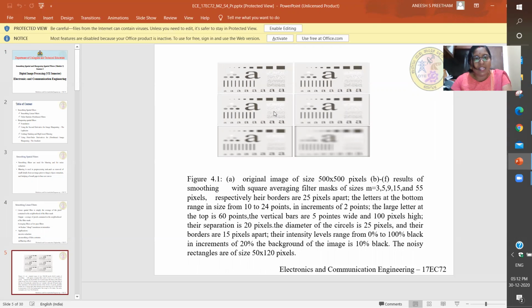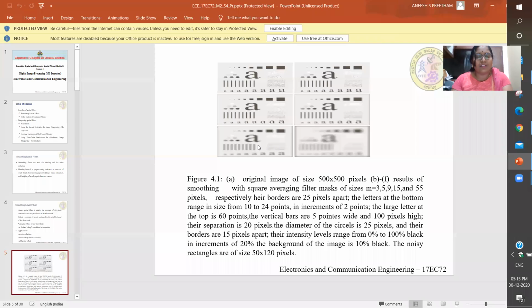The result for m equal to 5 is somewhat similar, with a slight further increase in blurring. For m equal to 9, we see considerably more blurring, and the 20% black circle is not clearly as distinct from the background as in the previous three images, illustrating the blending effect.